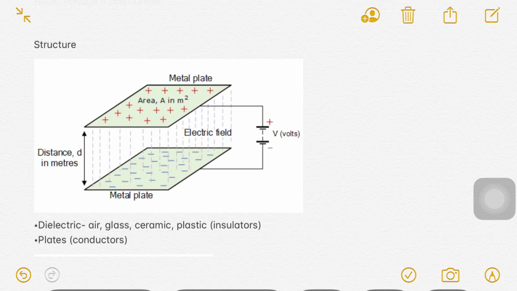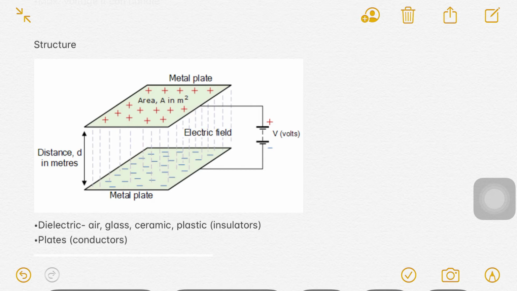And for the dielectric naman, iba-iba, depende sa type ng capacitor. But basically, insulator yung nasa pagitan nitong dalawang metal plates natin. It could be air, glass, ceramic, plastic, paper. But basically, mga insulator yung nasa gitna ng dalawang metal plates. So, basically, ganyan yung itsura ng capacitor.